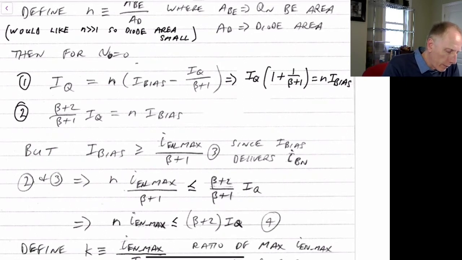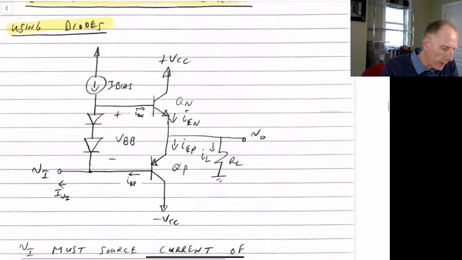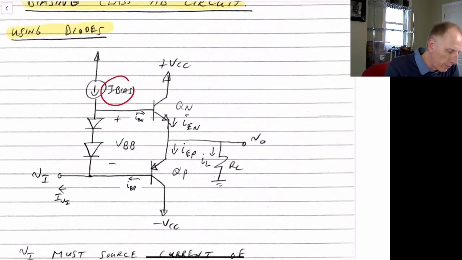Now we also notice though that the bias current that we have has to be greater than the current that goes into the base of the transistor when we have the maximum current flowing through the transistor. So in other words, this bias current here must be greater than the maximum current that we ever have going into the base, and the maximum current that ever goes into the base is going to be the maximum current that we have coming down through I sub En divided by beta plus 1, because that's the base current.